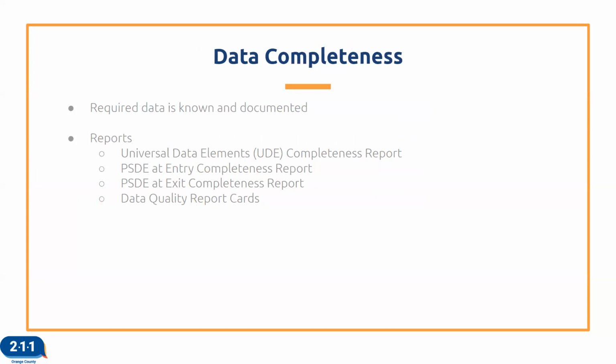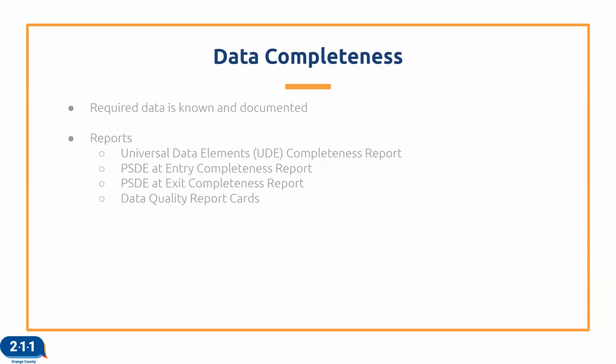The first component is data completeness, which is the percentage of required data that is known and documented in HMIS. We do have a number of reports that you can run to review data completeness for your agency. The first is the Universal Data Elements Completeness Report.